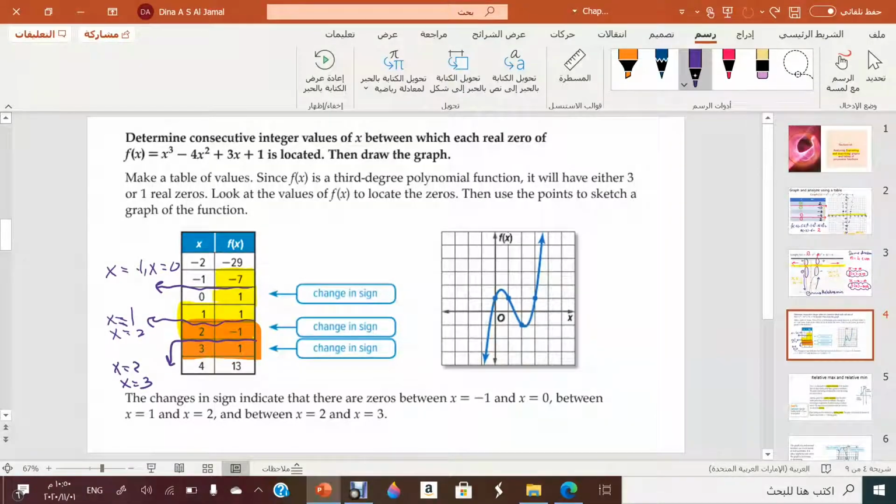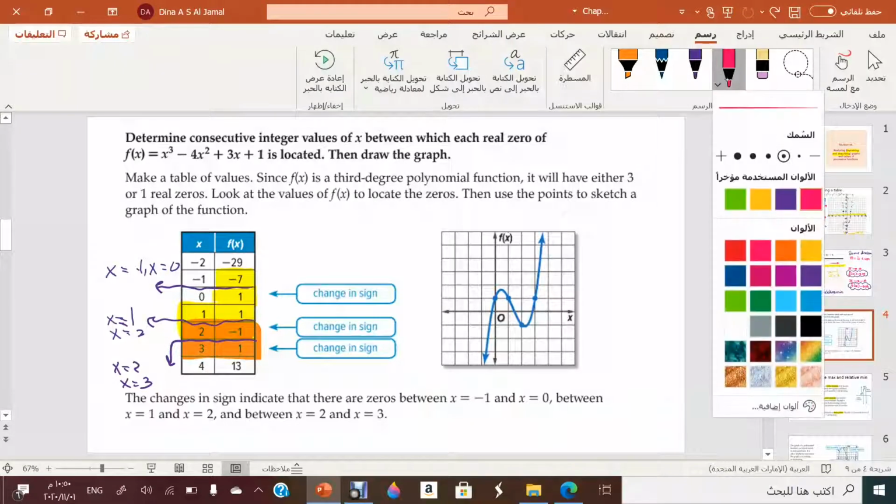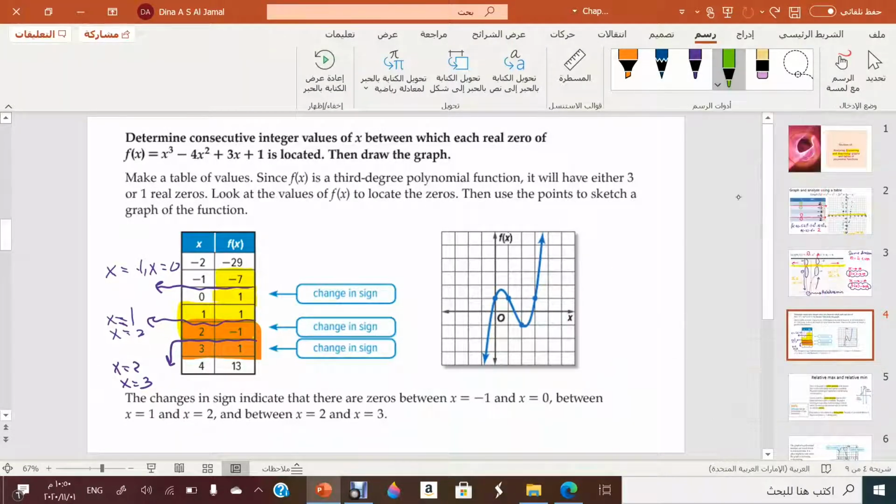Great. Now again, let's study the max and the minimum values, and at the same time check it using the graph. From minus 29 until minus 7, your f of x started to increase. Let's see what will happen until I go to 1, 1. Also, it started to increase.